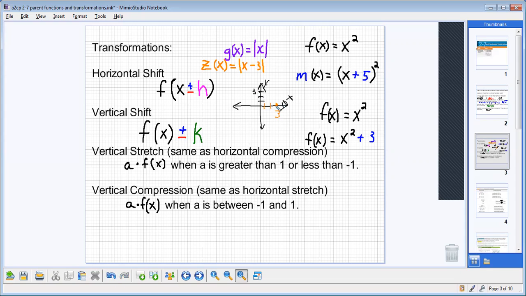So we have the vertex, and let's say I enter 0 here. At 0, we'd have 0 minus 3. The absolute value of negative 3 is 3. So this would be a point. I could plug a 1 in. 1 minus 3 is negative 2. The absolute value of negative 2 is 2. So I have a point on each side.